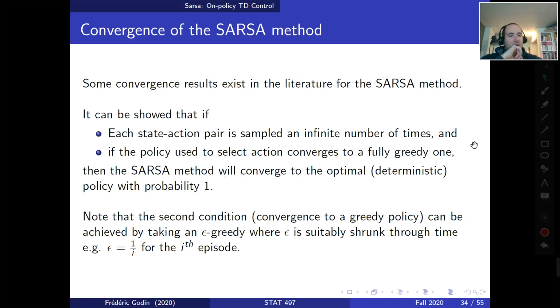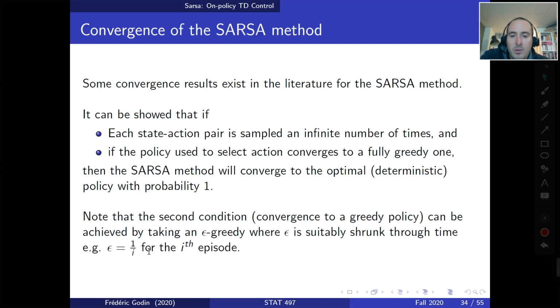This is a very nice result. It says that if you sample episodes for long enough, you will become arbitrarily close to the true value function, and you should eventually converge to the optimal policy. Regarding the second condition, that you should become arbitrarily close to a fully greedy policy, in practice we can shrink epsilon.